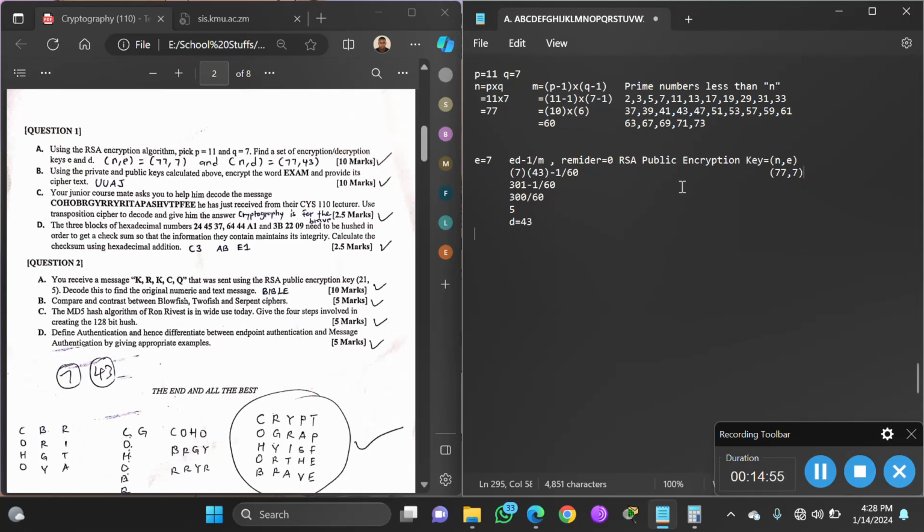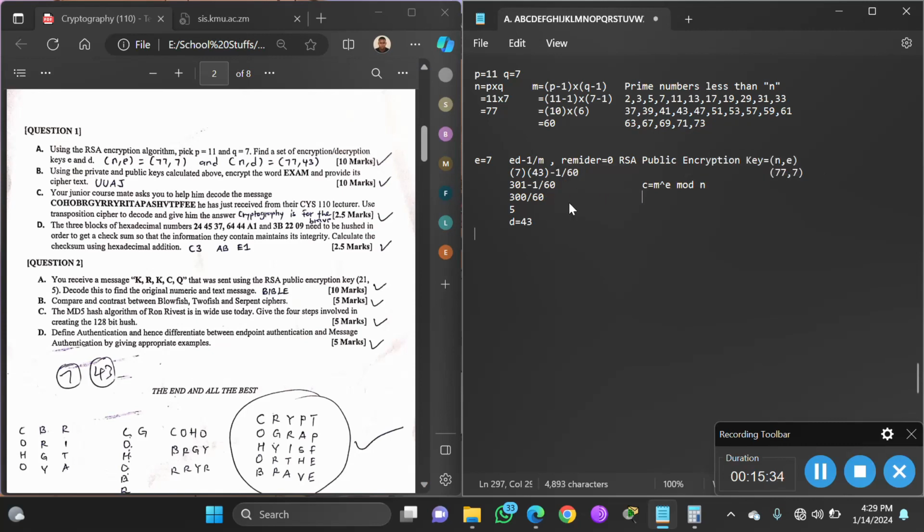We need to understand that this public encryption key has a formula. Since we're encrypting something, we want to get the ciphertext, which is C. The outcome, the ciphertext, is obtained when we are encrypting something in plain text, and plain text in this case is represented by M. So we say M power E, then mod N. That's the formula.